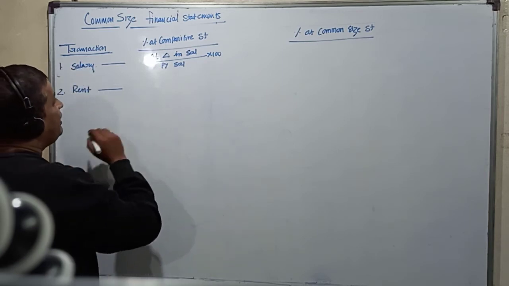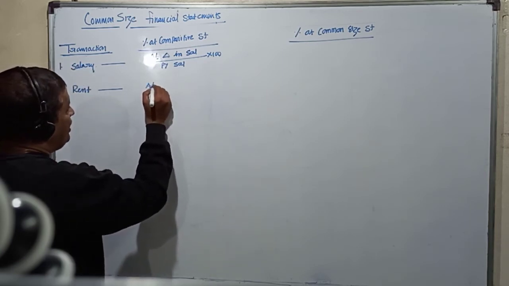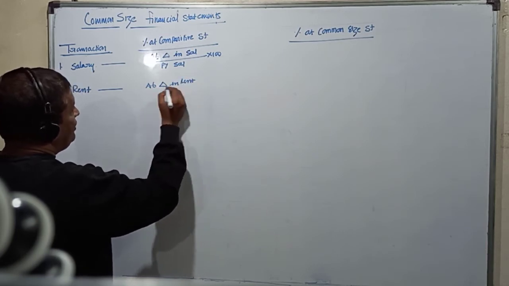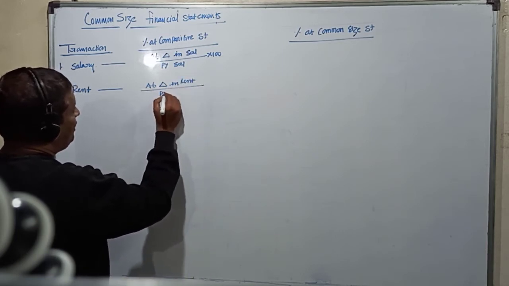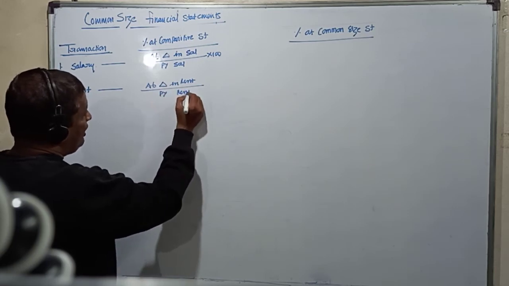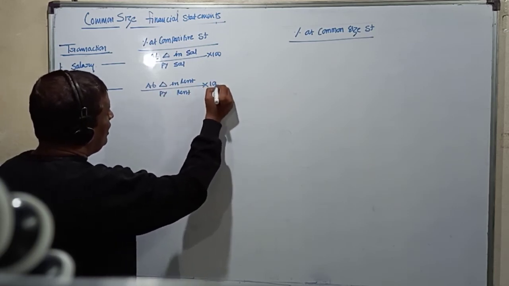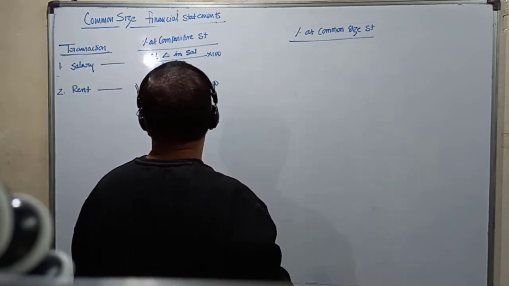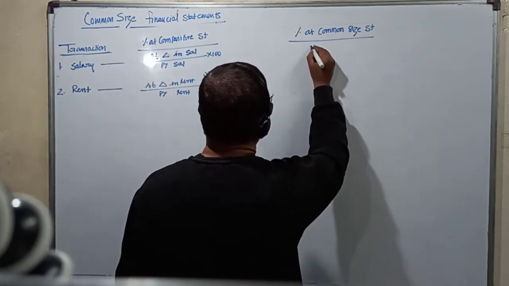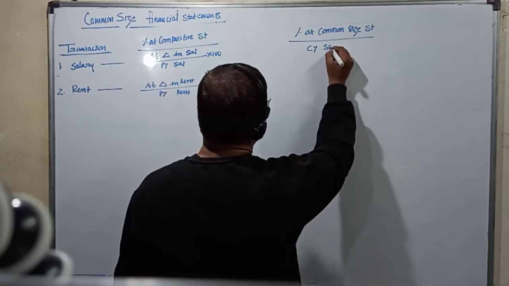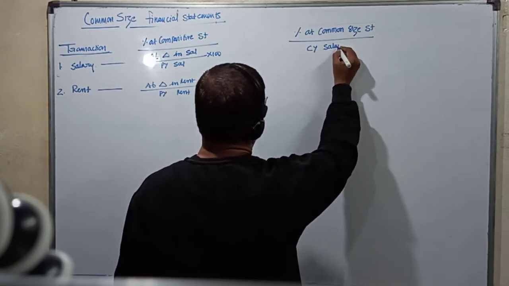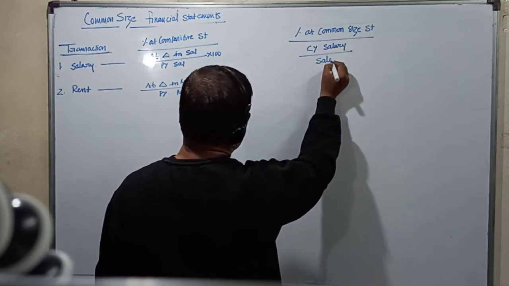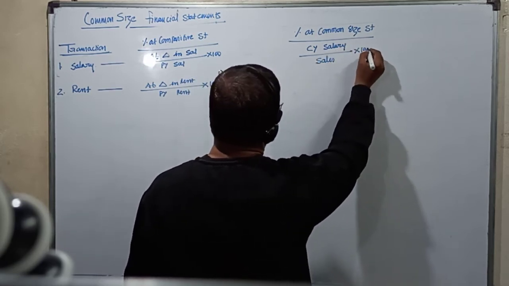Rent. How do you calculate the percentage column? Absolute change in rent divided by previous year rent into 100. Same thing, how do you calculate a common size statement? So it is current year salary divided by sales into 100.